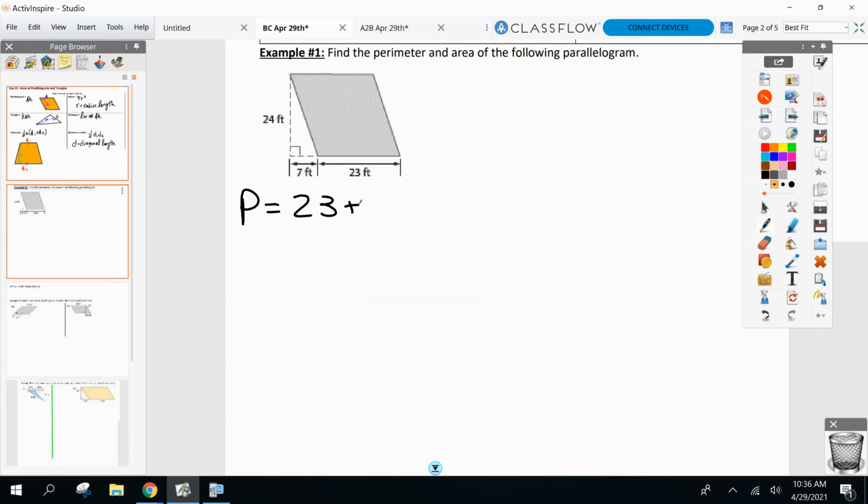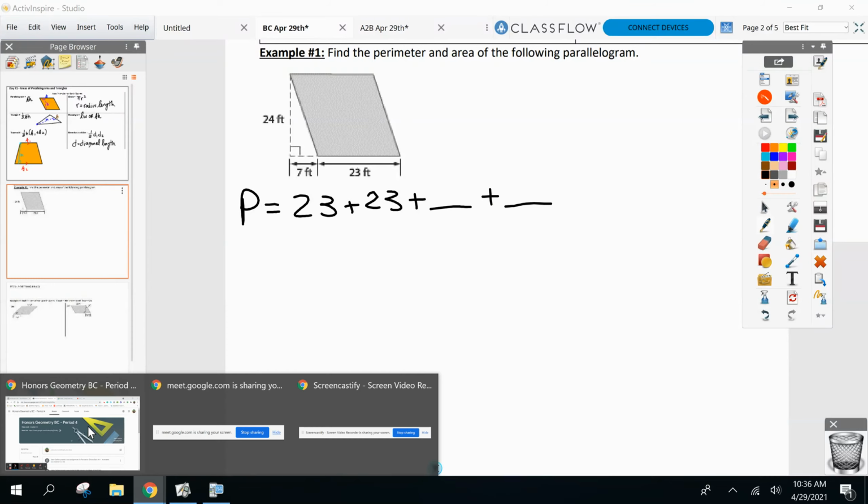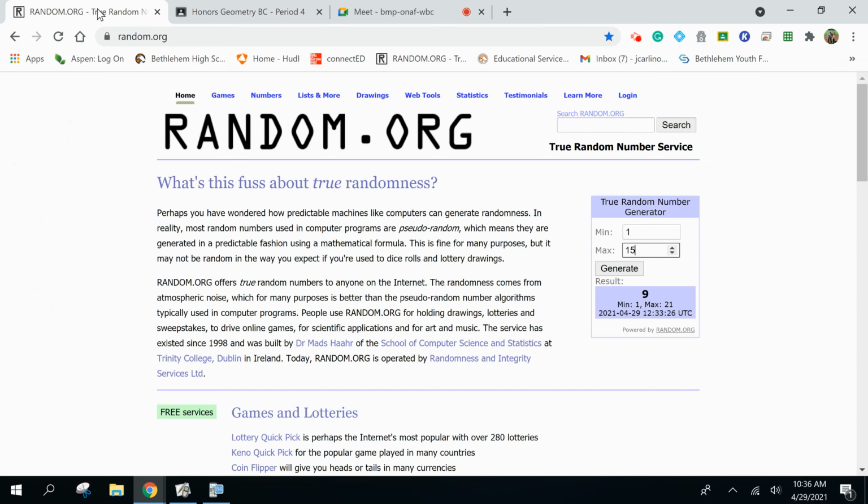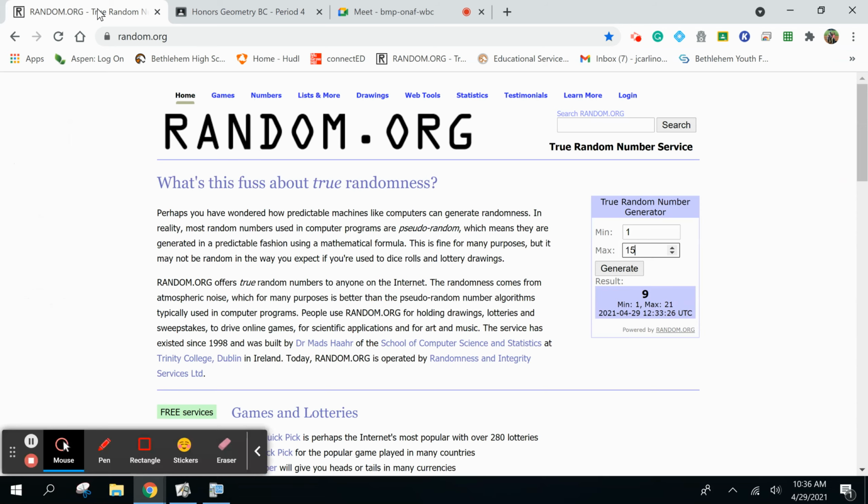So I got 23 plus 23 plus, I don't know those other 2 opposite congruent sides. I know 23 and 23 because opposite sides are congruent, but I do not know the other two opposite sides. Can you give me any help how to find them? Here we go.